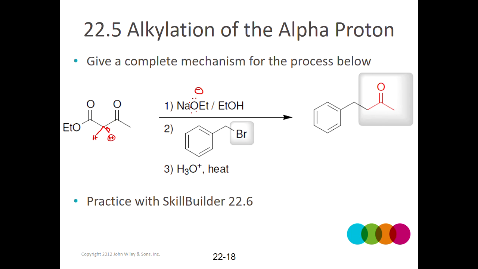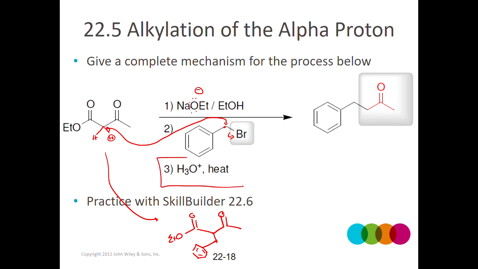Then that enolate would attack here and push out the leaving group. So that would give this: the aromatic ring and this extra carbon between the ring and the carbon that attacked it.